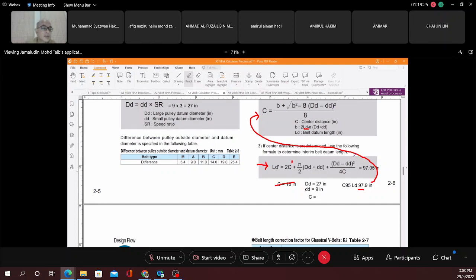Okay, somebody please, what is the value? You should get 18 and above. If you got below 18, something is wrong with your calculation.